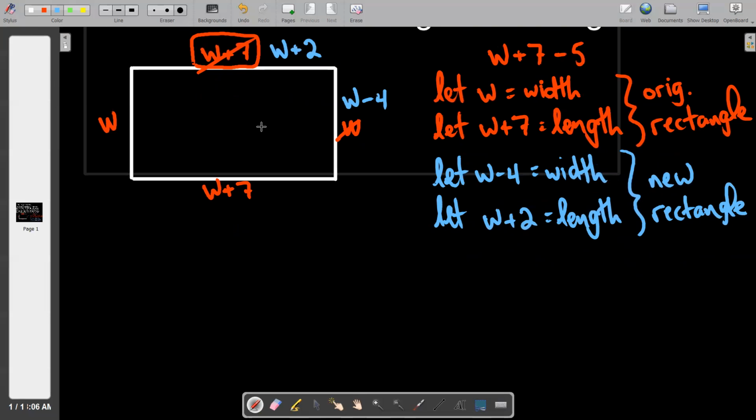No, not right, but a perfect wrong answer. So he said 2w minus 2 equals 40. And what we don't ever want to forget is that rectangles do not have two sides. There's another w plus 2 down here, and there's another w minus 4 over here. Right, Zane? You want to try that again then?